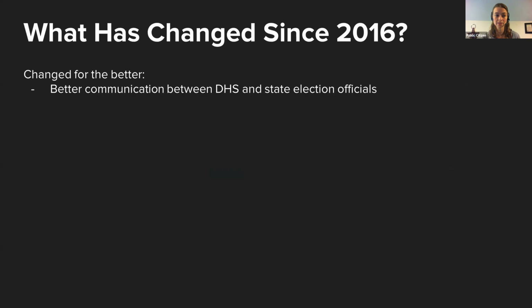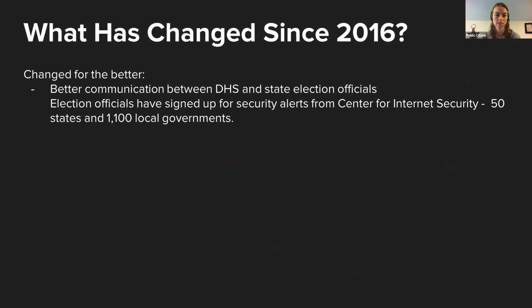For the better, there's better communication between the Department of Homeland Security and state election officials. That's something that state election officials have been pointing out a lot, which is fantastic in terms of threat awareness and coordination. Election officials have signed up for security alerts from the Center for Internet Security, which some know as the EI-ISAC or the MS-ISAC. All 50 states are signed up.